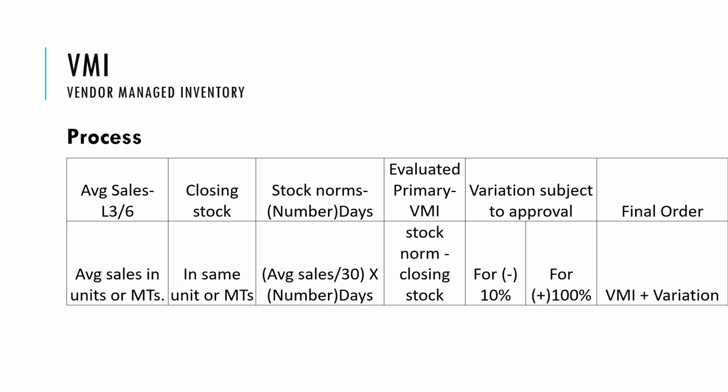On the other hand, if the customer says that because of seasonality or because of sudden market demand, I want to buy more, then the 50 can be 100, but it cannot be 101. So the maximum you can give is 100% addition, and deletion maximum 10%. Then your final order becomes the VMI plus the variation.